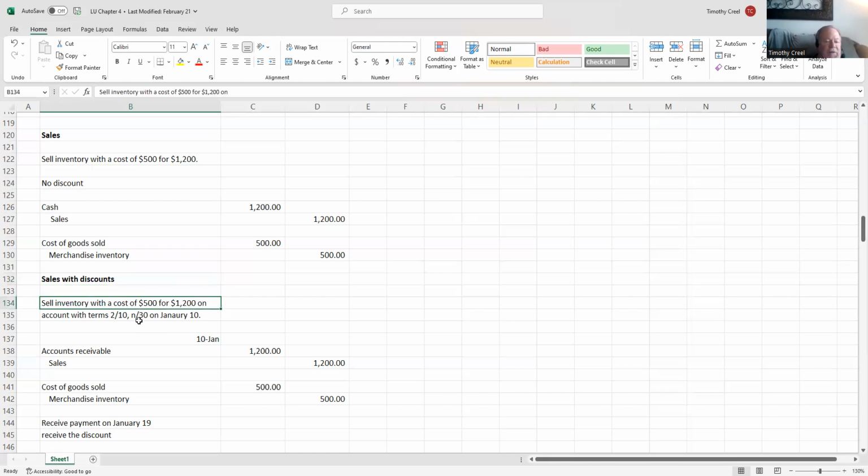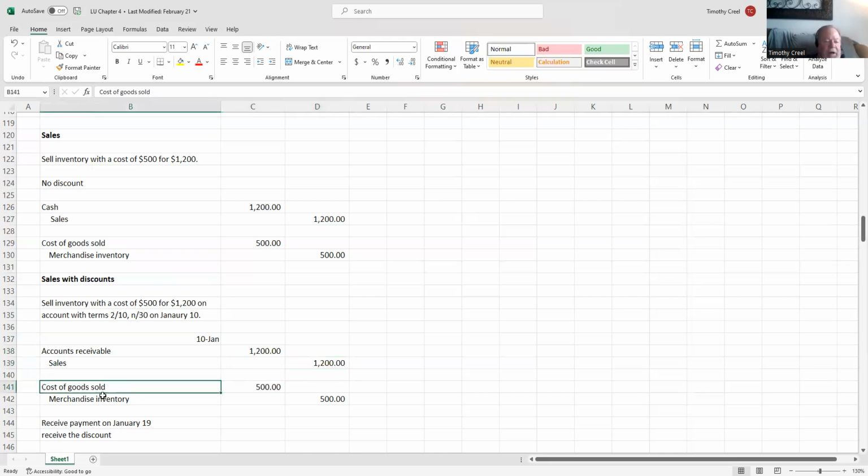So if we sell inventory with a cost of $500 for $1,200 on account with terms 2/10, n/30 on January 10th, we would record it as a debit to accounts receivable and a credit to sales. This is the entry to record the sale.